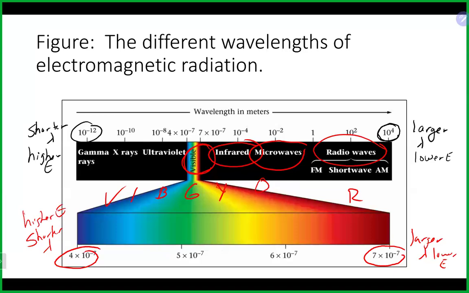So red light is actually lower in energy than, say, purple. As you go from right to left on the colors, we're going from lower energy to higher energy. So even within the visible part of the spectrum where we see colors, there is a difference in energy, and energy is increasing towards the purple color on the left.